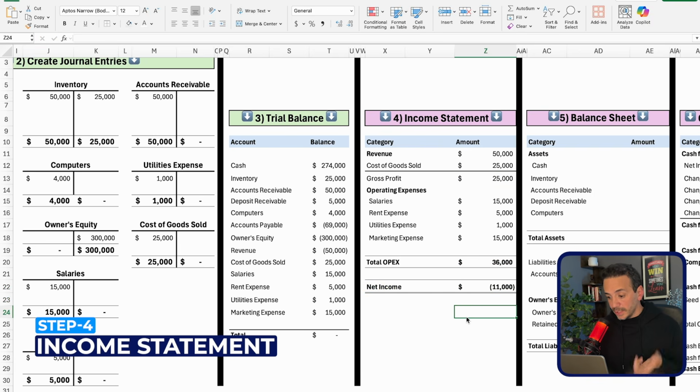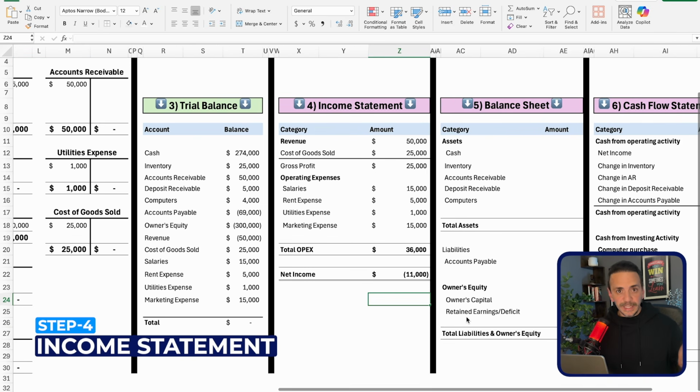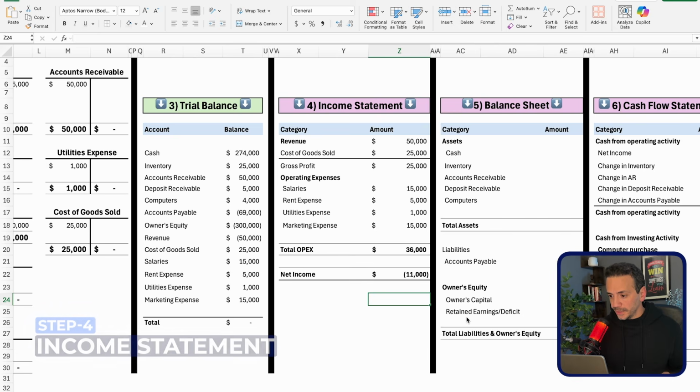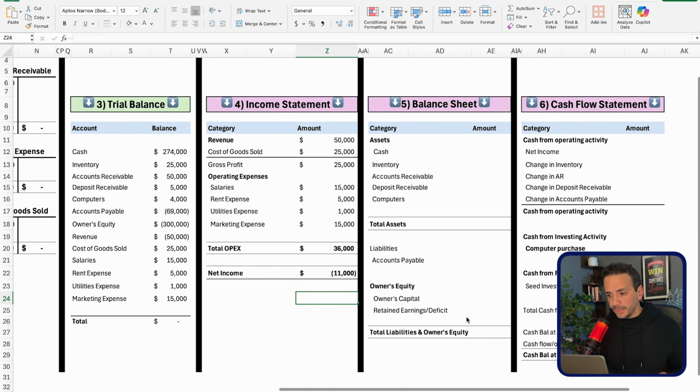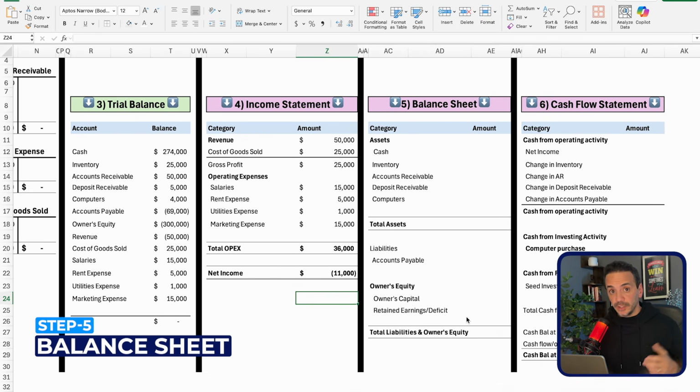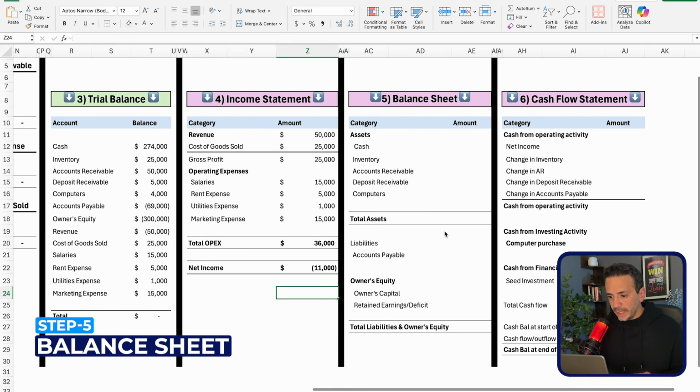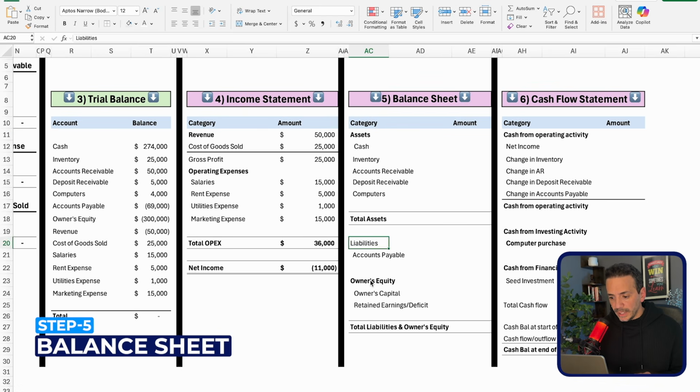And that will give us a net loss of $11,000, which is typical of a startup company. The first financial period, we lost $11,000, and we hope that that's going to turn into a profit in the future periods. Let's go ahead and prepare step number 5, which is the balance sheet, which is needed before we can go ahead and create the statement of cash flows. So for the balance sheet, we have our assets, liabilities, and owner's equity.